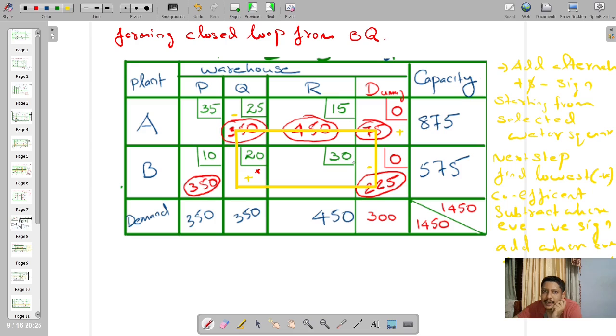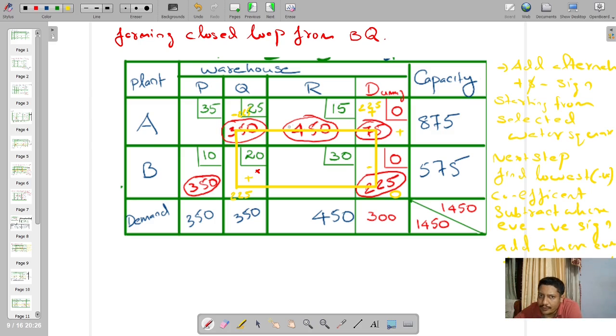The lowest negative here is minus 225. So here it will be 75 plus 225. Here also that 225 you need to move, and the new value here will be 0. When you are moving the 225 from 350, it needs to be subtracted, so this will be minus 225.